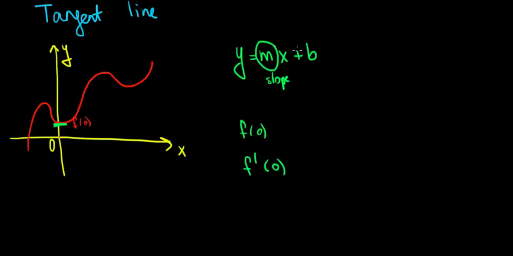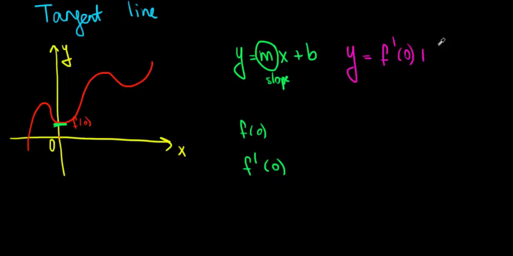And what do we have here? We have the slope multiplied with our x value. What does the tangent line look like in this case? Well, if we substitute all these values, let's do it right next to it.